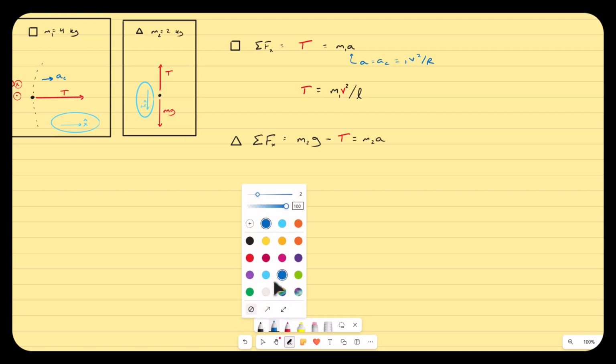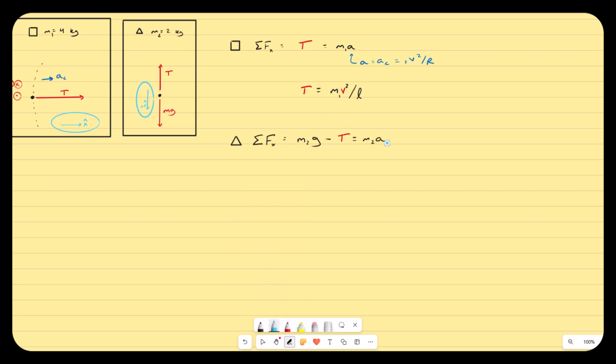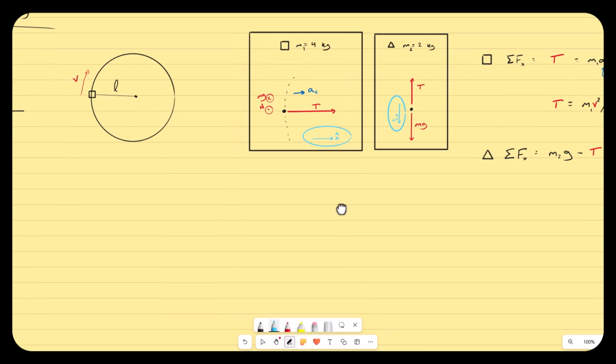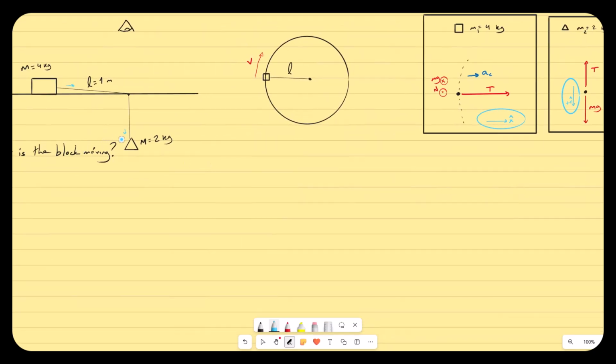The acceleration of this guy is actually going to be 0. The block is moving in a circle, so the direction of its velocity is changing, but the triangle is just hanging still. It's not moving up, it's not moving down. This guy's going around in circles, but this one is staying put. So the triangle has an acceleration of 0.